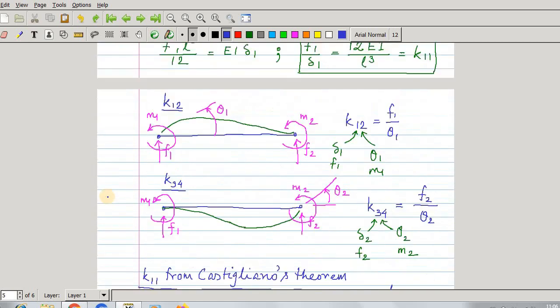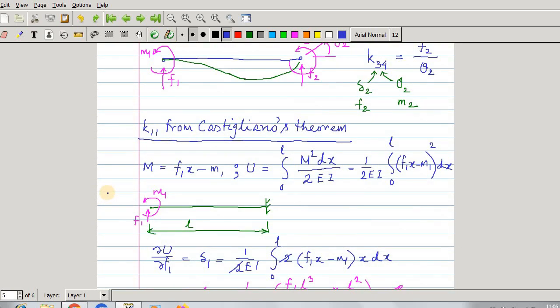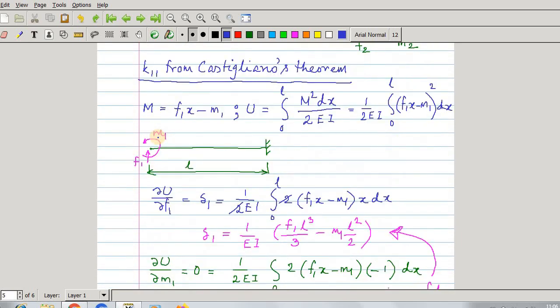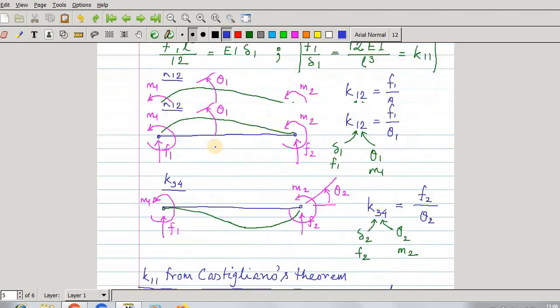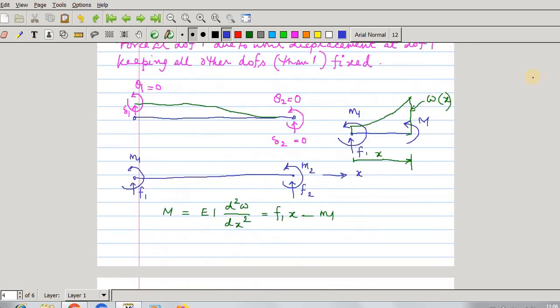And also you can find out these K values from Castigliano's theorem. Here we have shown one example of how to find out K11 from Castigliano's theorem. So we have already seen the bending moment here, which is this.